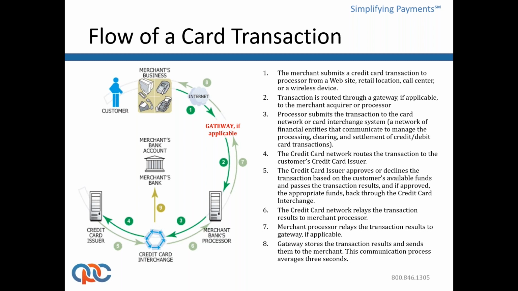You can read the individual steps here, but those are some of the key components. This process also outlines the major players involved in processing a card transaction, and it highlights who's going to be charging you money as a transaction flows through this ecosystem. So as we go through the presentation, we're going to be talking about processors, card networks, and issuers. Just keep that in the back of your mind. Next slide.